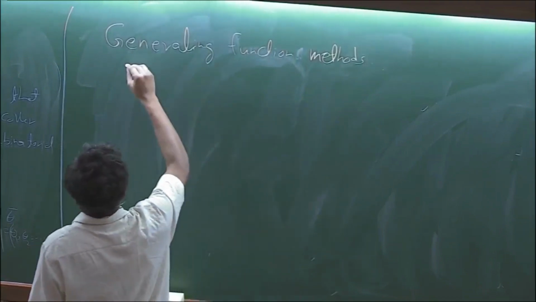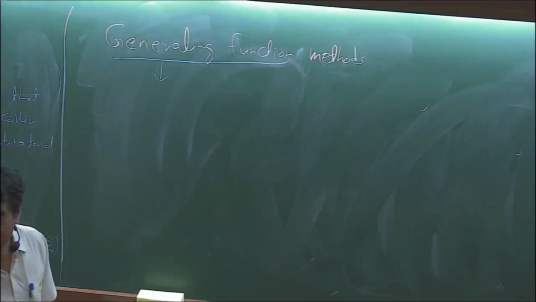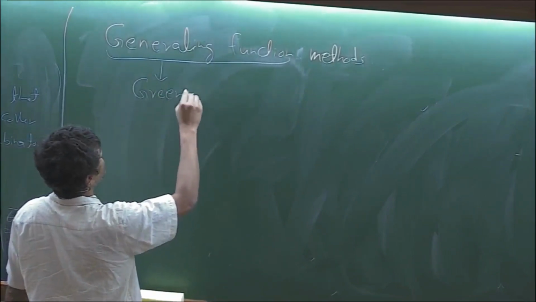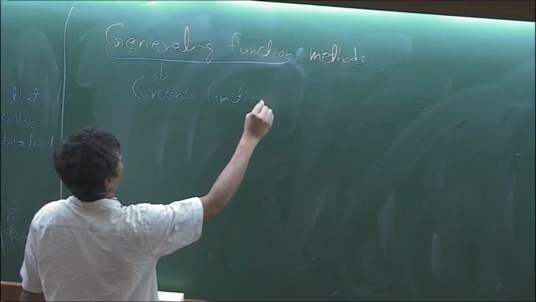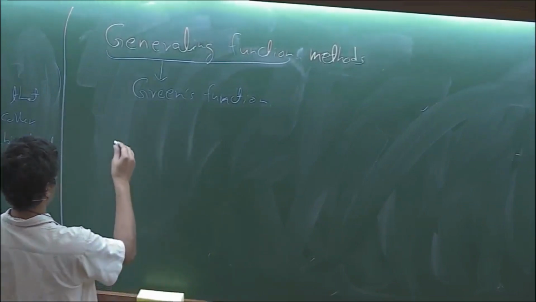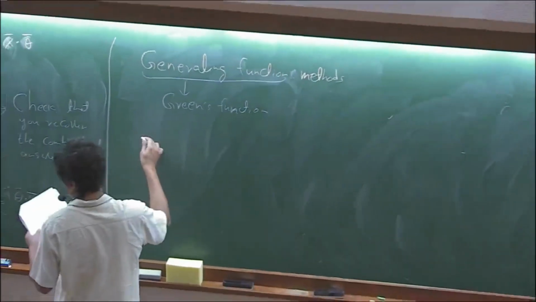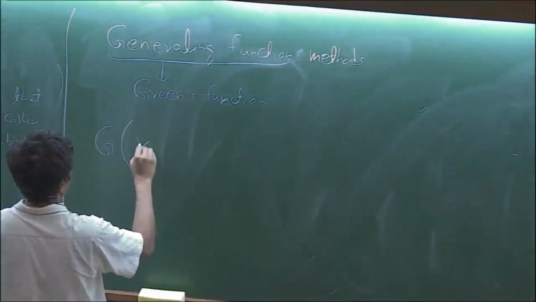If some of you are from condensed matter, this generating function is actually like a Green's function in some sense. So for a given probability distribution like this, P of x bar n, I can define this generating function.